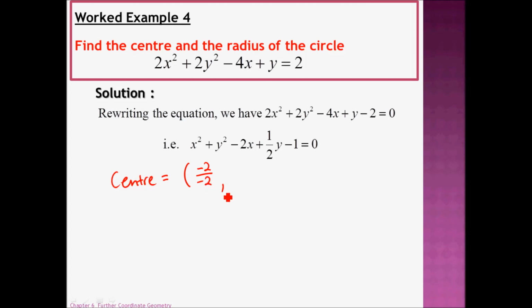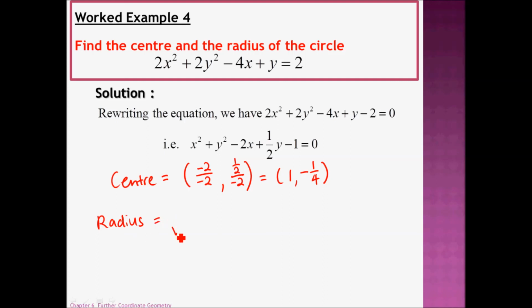For the y coordinate of the center, we take the coefficient of the y term and divide it by -2. And finally, the answer will be (1, -1/4). Then, we would need the coordinates of the center to find our radius.